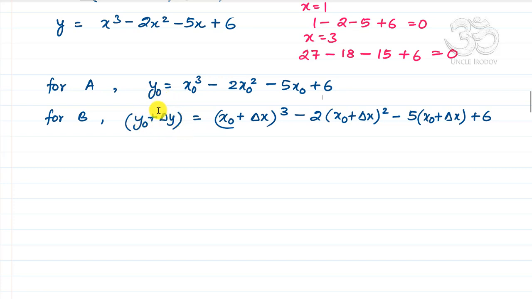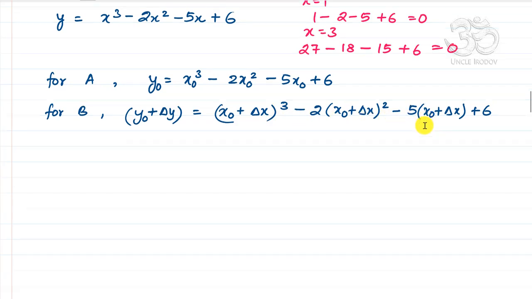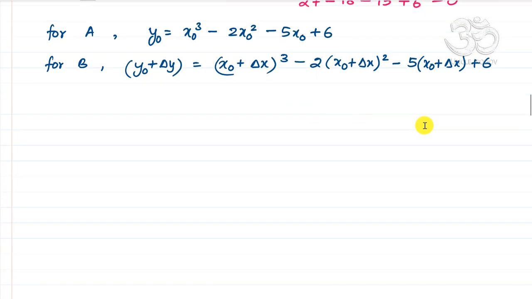So on the left hand side we will be left with delta y, and on the right hand side we will have some terms, but we will divide every term by delta x. So on the left hand side we will then get delta y by delta x, and on the right hand side again we will get some expression. And then finally on the right hand side we will insert delta x is equal to 0. Right, so let's just try to do it.